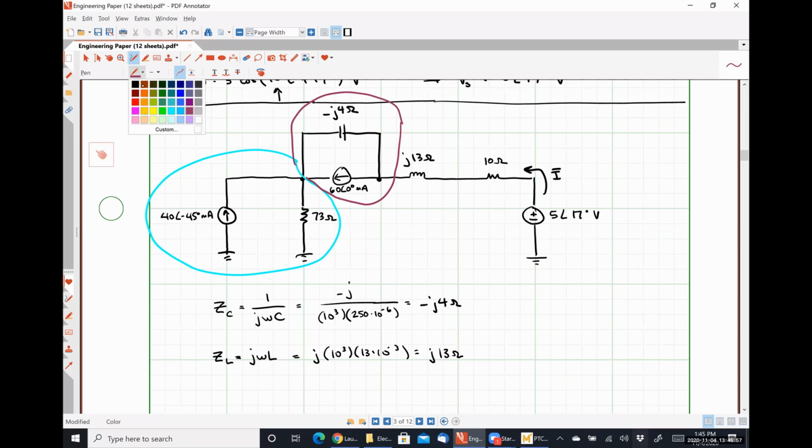One thing that it may not be intuitively obvious to all you guys, but because the bottom of this guy is connected to ground, the bottom of this guy is connected to ground, and the bottom of this guy is connected to ground, we can think of these as connected like this. So this is all just one big node here at the bottom. So that's why if I turn off this current source, I can just use current division.